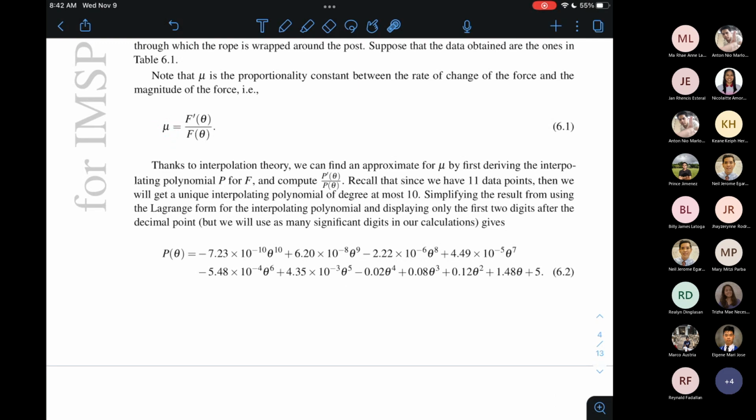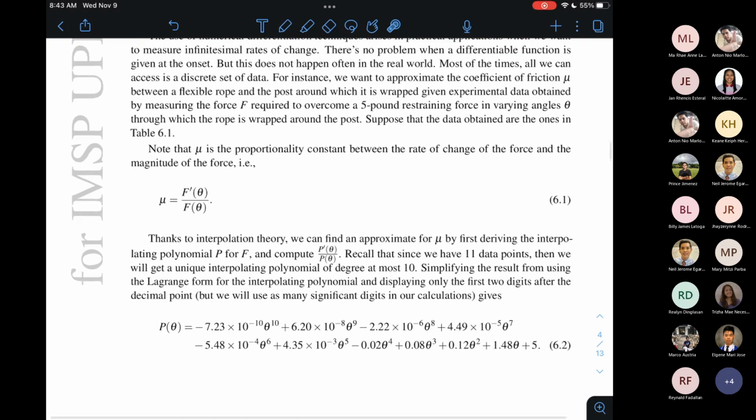So if you have the Greek letter mu for your coefficient of friction, it is basically the derivative of F all over F, where F is the force needed to overcome a certain force in an object. So in particular, si F ay yung force required to overcome a 5-pound restraining force with respect to an angle theta. The angle theta is the angle made by the pole.